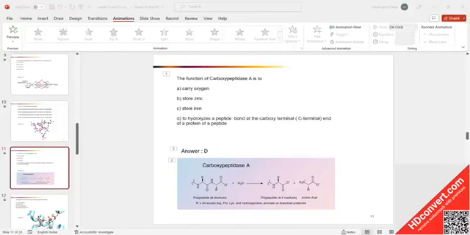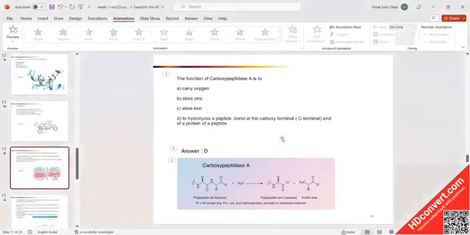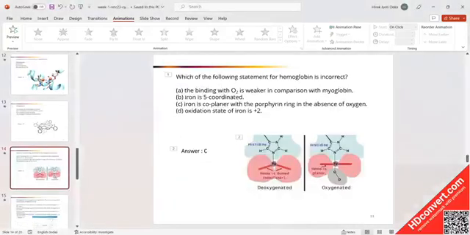Which of the following statements for hemoglobin is incorrect? The first is that the binding with oxygen is weaker as compared to myoglobin.